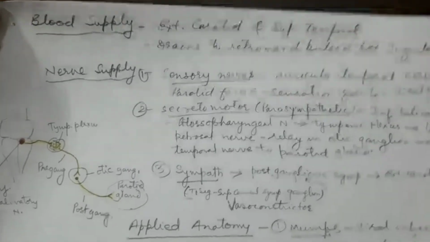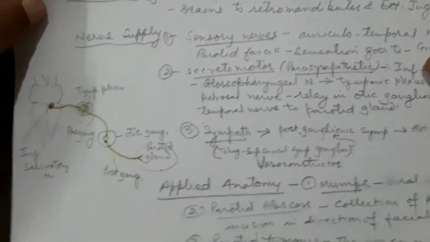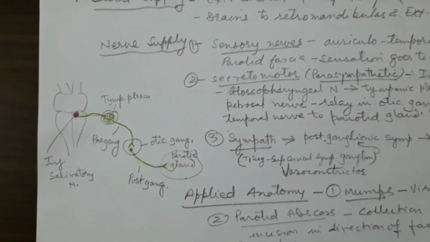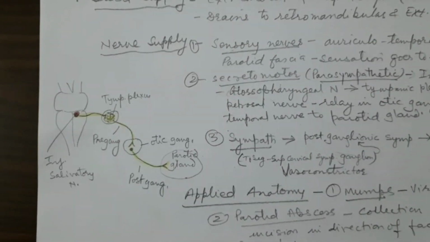Right, the nerve supply. There are three different types of nerves. One is the sensory nerve. Sensory nerve means the auriculotemporal nerve, and this is sensory to the parotid fascia. I told you that parotid fascia means the outer layer of the deep investing layer of fascia, which covers the superficial surface of the parotid gland, and this is the sensory supply for this fascia.